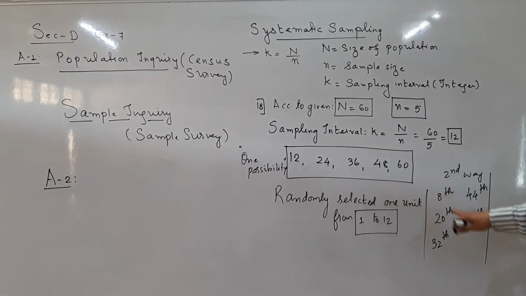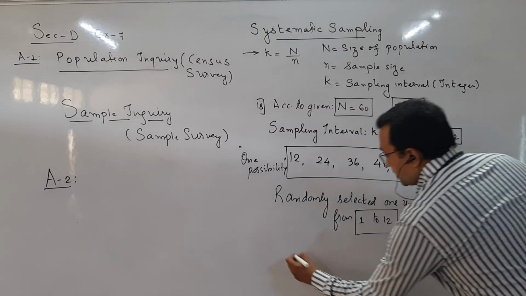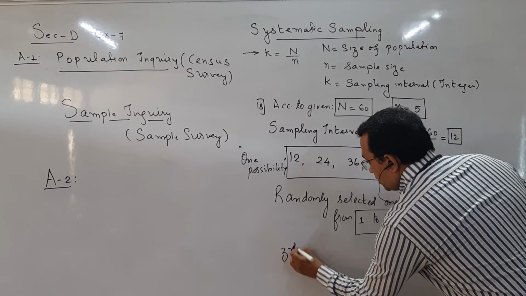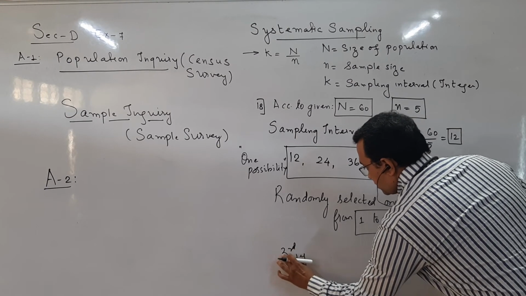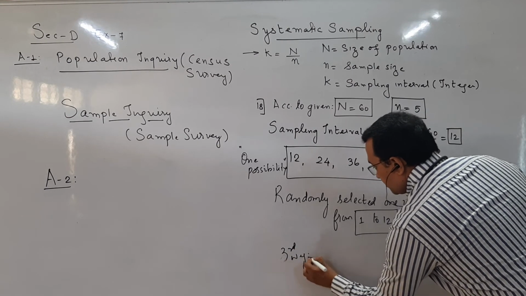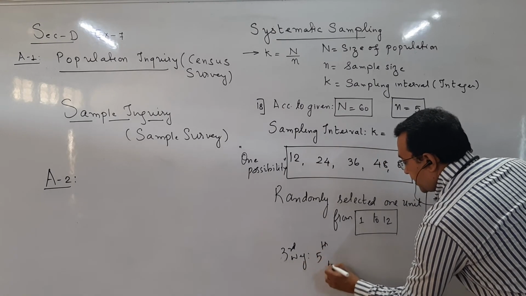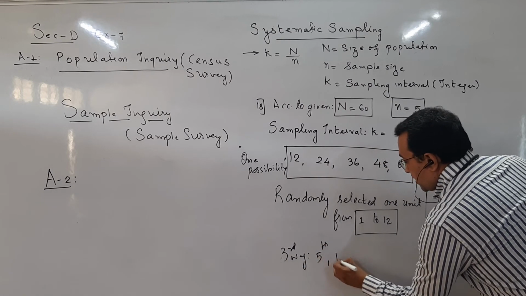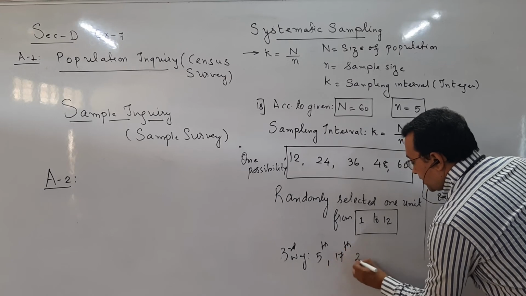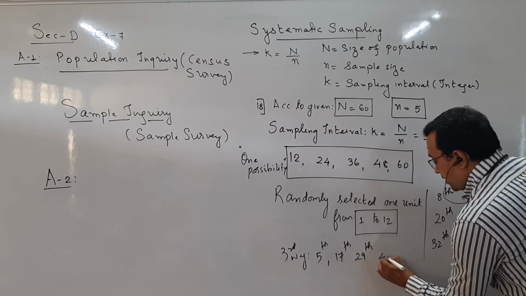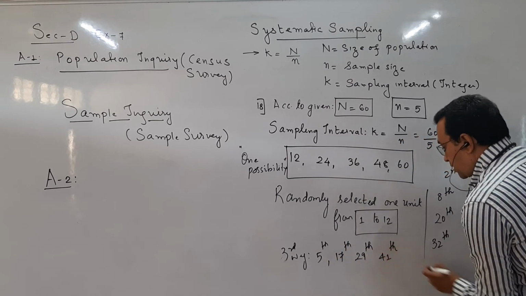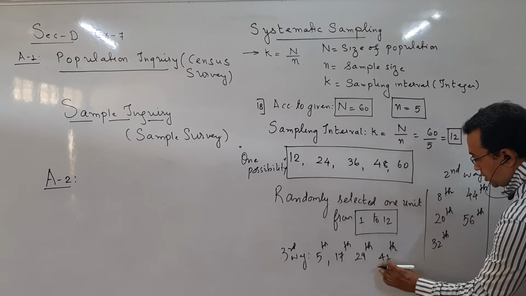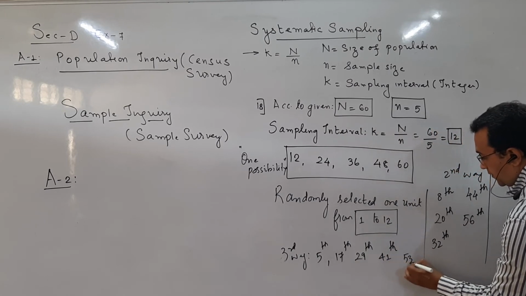So this is the first possibility, the second I told. If I take 5, then at a gap of 12, the third way would be like this. Suppose I take 5th, then add 12: 5 plus 12 is 17, 17 plus 12 is 29, 29 plus 12 is 41, 41 plus 12 is 53.